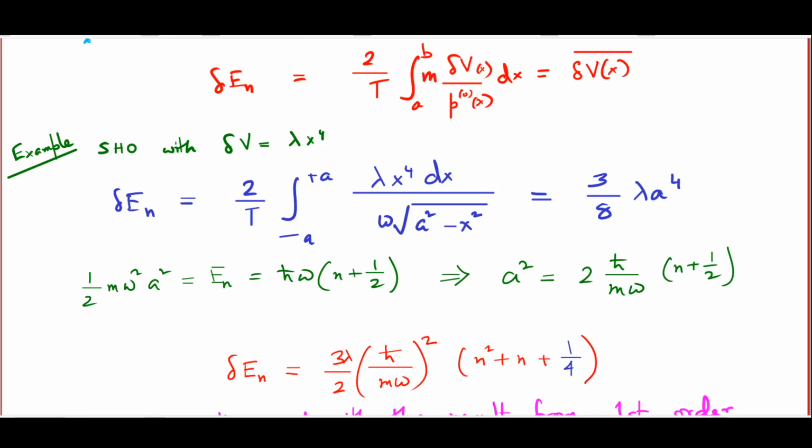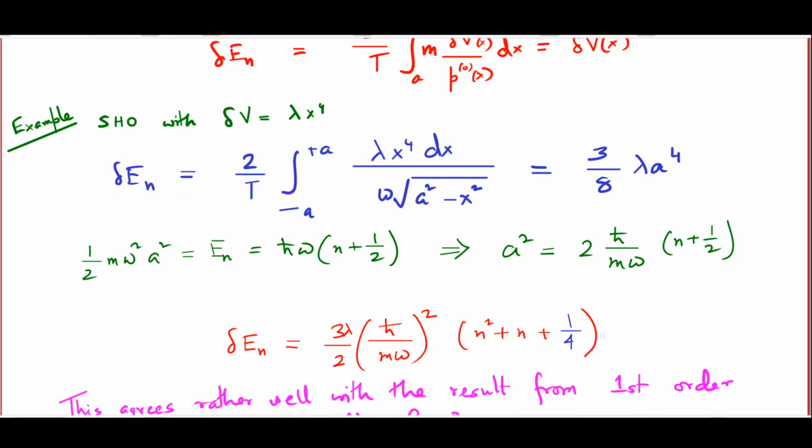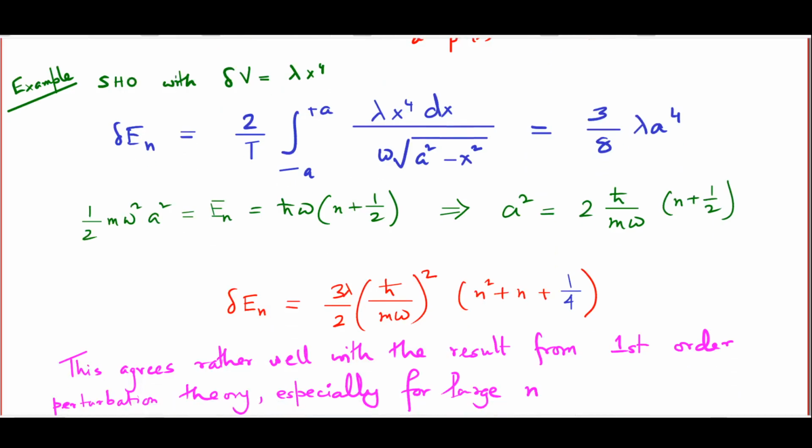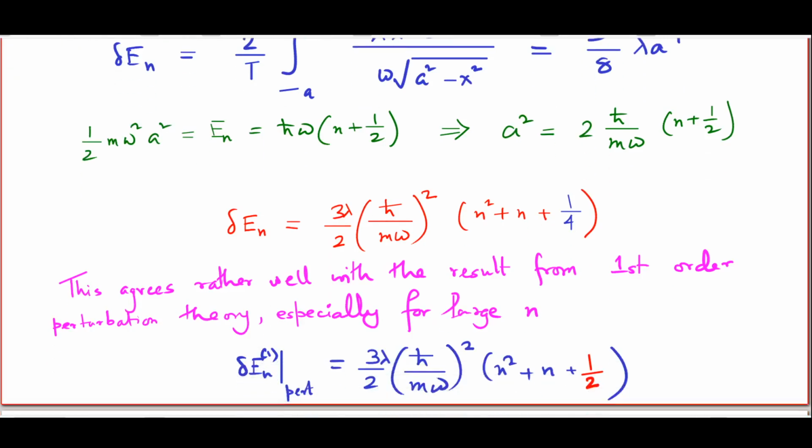Now this agrees very well with the first order perturbation result from the Rayleigh-Schrodinger theory. In fact, this agreement becomes very good at large n. The Rayleigh-Schrodinger perturbation theory result is very similar, except that instead of n squared plus n plus 1/4 in the bracket, what the perturbation theory would tell you is that the bracket is n squared plus n plus half.